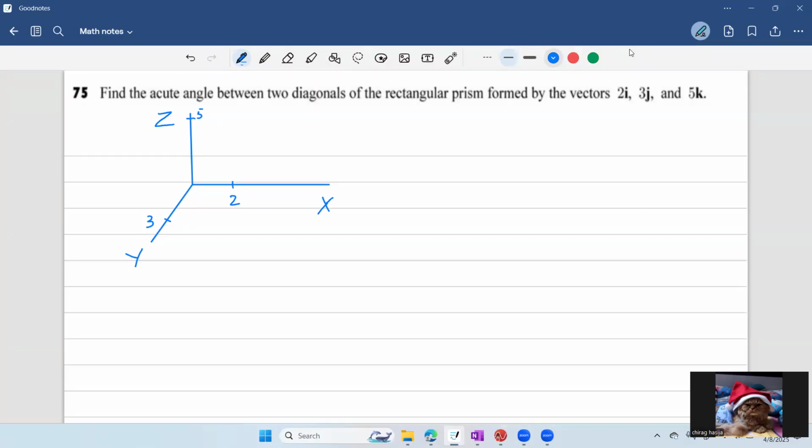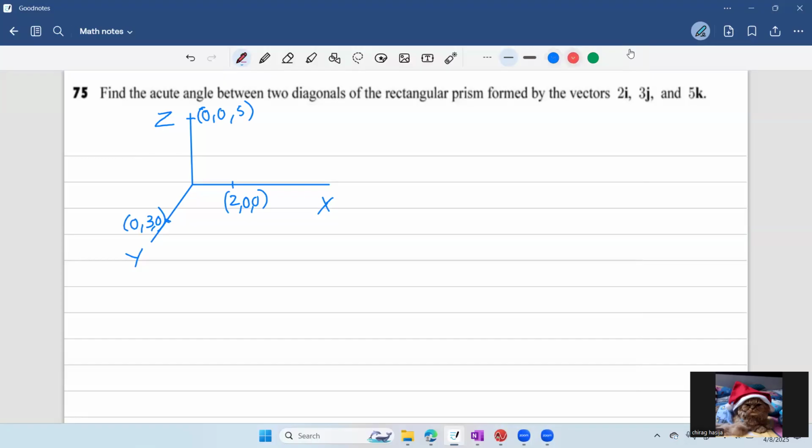Okay, so I can actually write them in the form of coordinates as well, right? So that will be 2, 0, 0. This z1 will be nothing but 0, 0, 5. And this one, the 3 can be written as 0, 3, 0. Are we done?